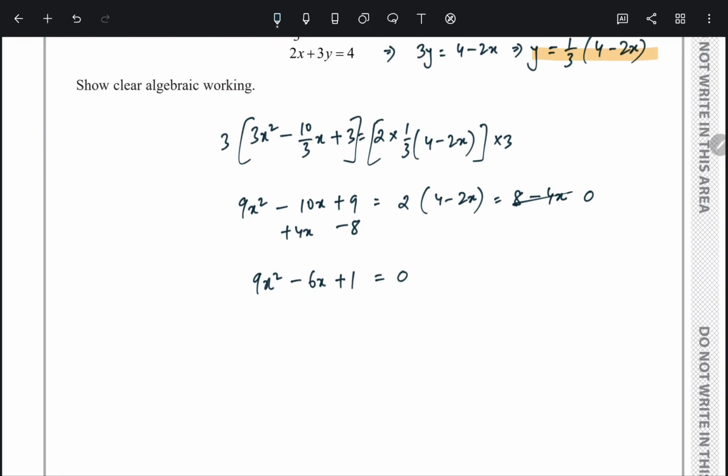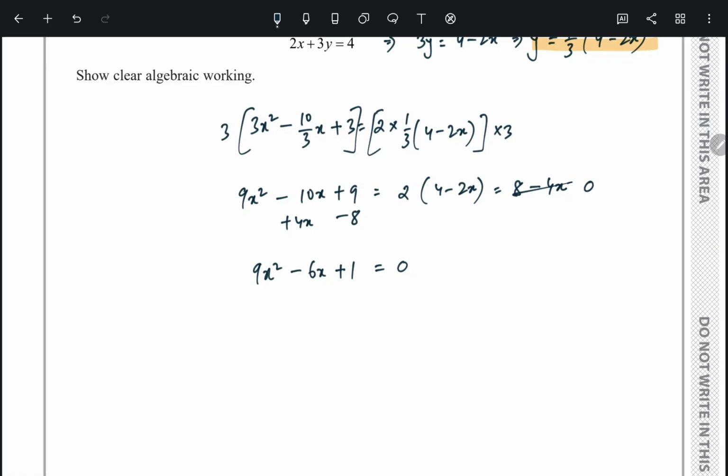We have to show the quadratic formula here because the question says show clear algebraic working. x will be equal to minus b, so minus of minus 6, plus minus square root of b squared minus 4ac divided by 2a.